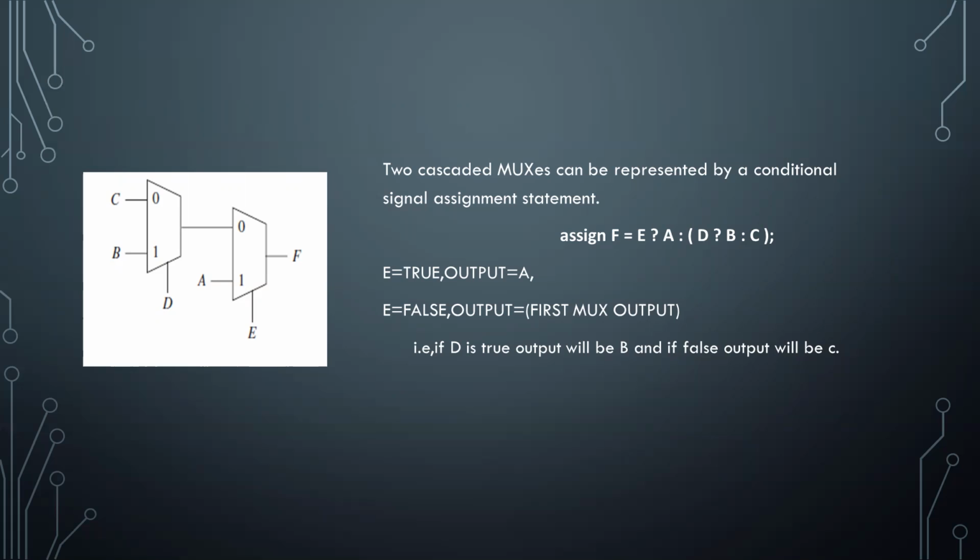If E is false, we take the first mux, where we check whether D is true or false. If D is true, the output is B, and if D is false, the output is C.